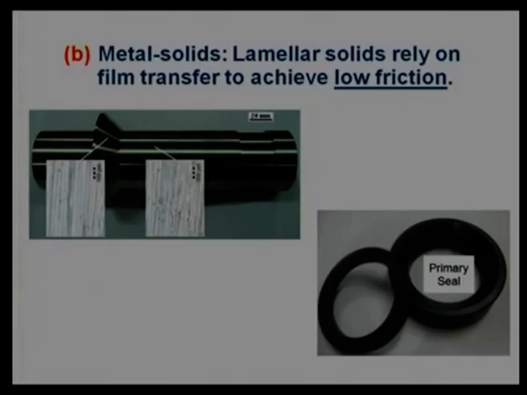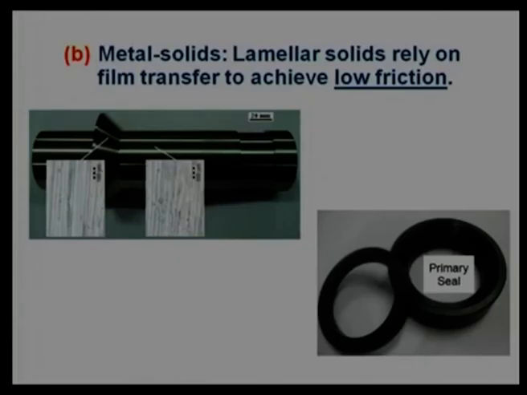The component which comes in interaction is this carbon graphite seal. As I mentioned in the previous lecture, we can use solid lubricant as a bulk material, or as a final 15 to 20 micron thick coating. Here we are using a solid lubricant as a bulk material.